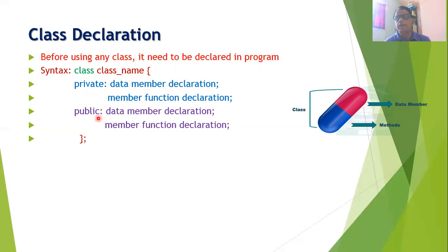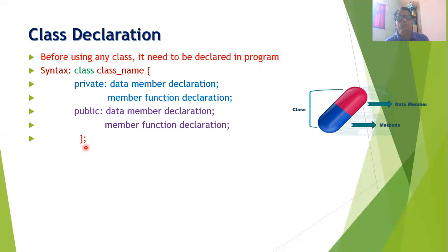Similarly, in the public category, you write the keyword public followed by a colon, and then the different public data members of the class. If there are any public member functions of the class, they also need to be declared here. Once you complete all such declarations, you close the bracket and put a semicolon.